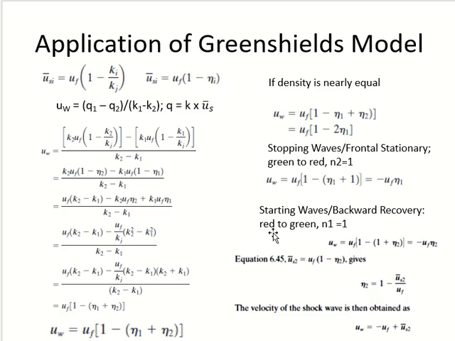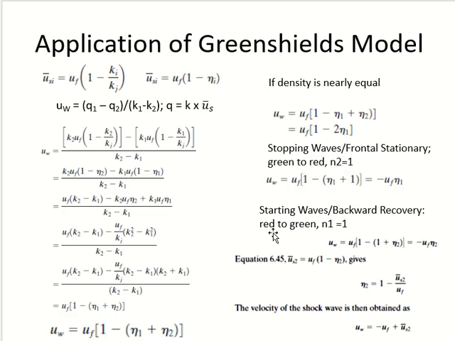I have taken UF as common from the terms without eta. There were two terms without eta, UF into K2 and UF into K1. So I have taken UF outside, so I have K2 minus K1, and I have these two terms, where we have K2 and K1.